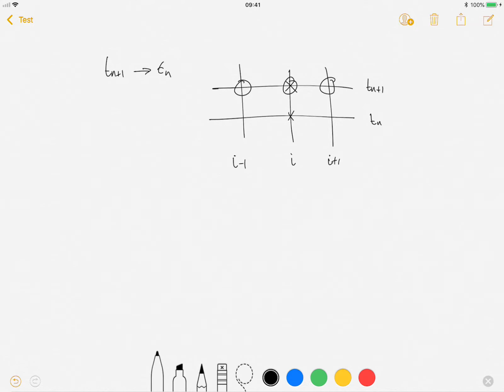Okay, but because we don't know initially what the spatial values are at tn plus 1, it means we have to solve an entire set of simultaneous equations. The reverse, obviously, the explicit scheme says that we look at the spatial dimensions at time n to get the value at time tn plus 1.